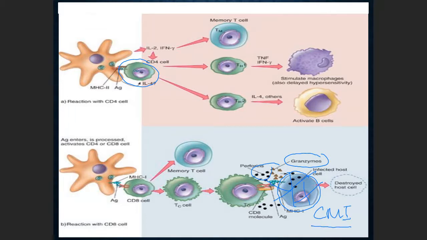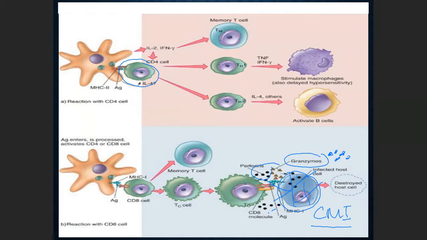So that TC is actually producing the toxin and enzyme that will destroy the infected cell, and the virus will also be destroyed. Some of them then will be available in the interstitial fluid, and this becomes the job of the antibodies to kill them later when they are outside the cell, because the antibodies are unable to enter into the cell.